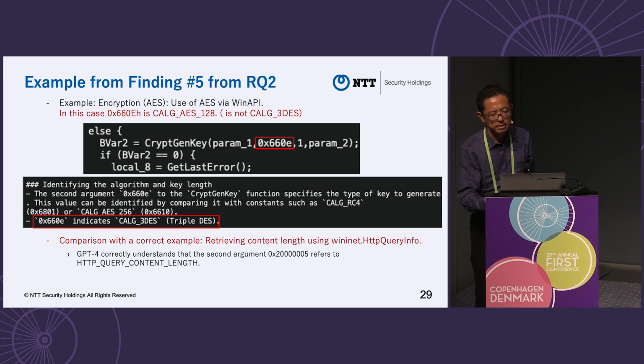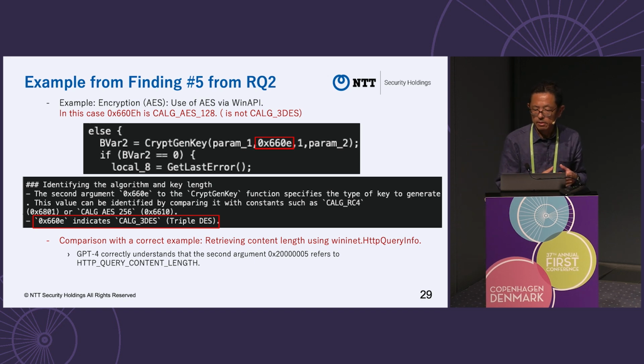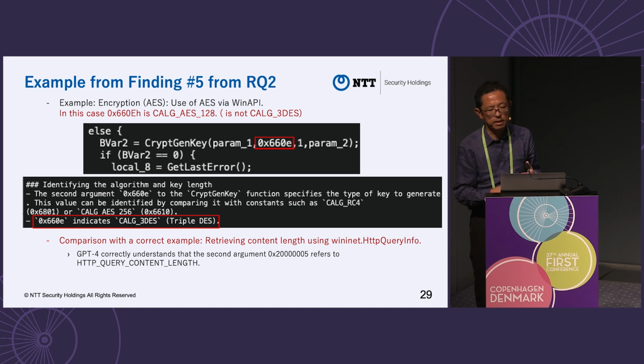In this case, it is actually AES, but it is mistakenly determined to be triple DES. On the other hand, it correctly determined major immediate constants, such as HTTP query and context length, which I explained.